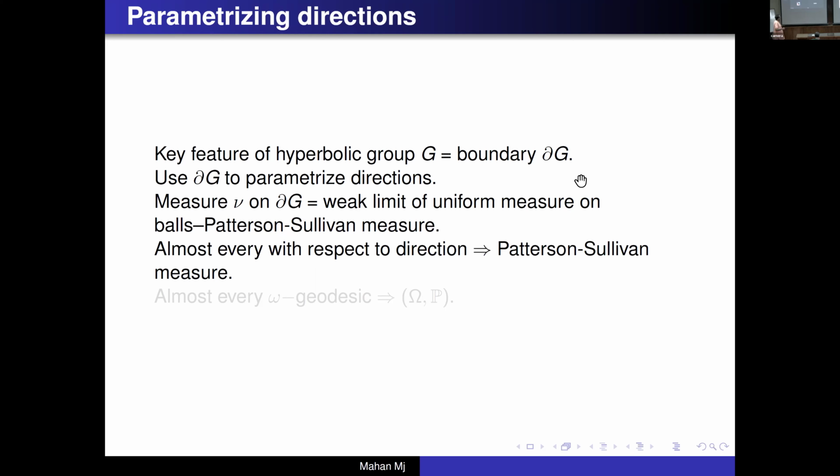One is almost every with respect to direction, the deterministic direction, so the boundary of the circle not only has this arc metric, it also has the right measure. So in the discrete setup, these two gadgets don't really coincide. Somewhat different, but you still have this information.